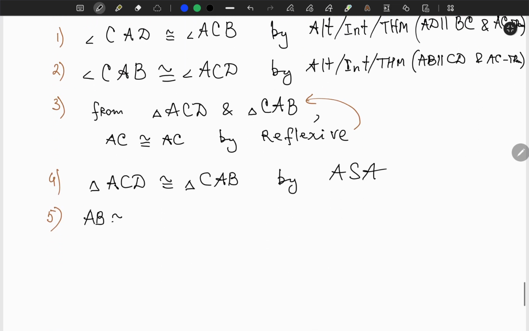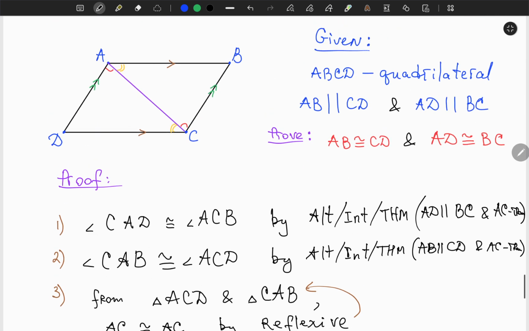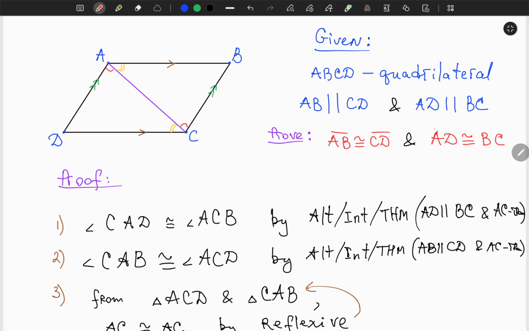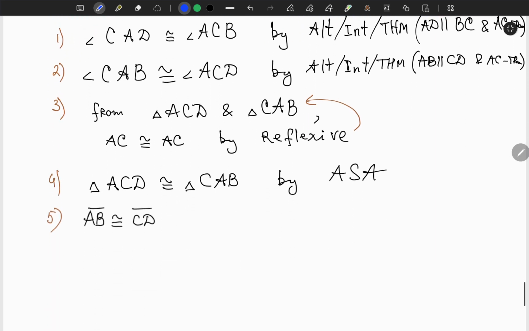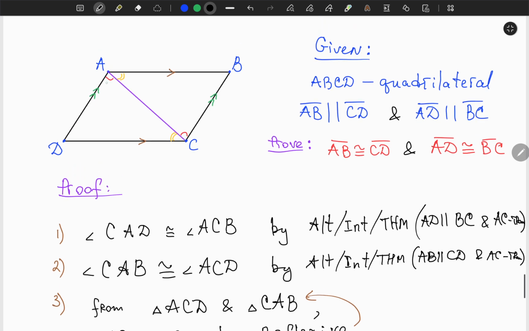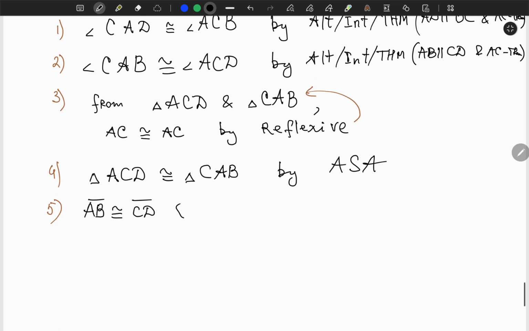AB is congruent to CD. Oh, I forgot one thing over here, because we're working with line segments. AB is congruent to CD, and AD is congruent to BC.